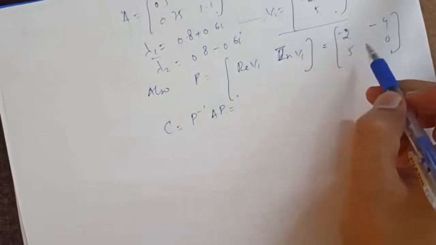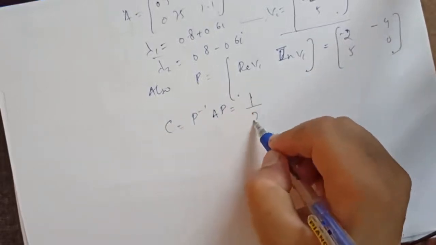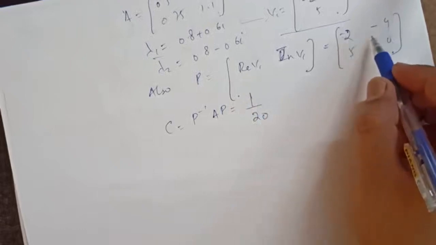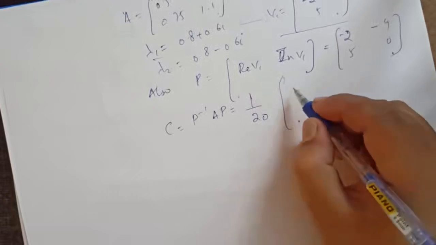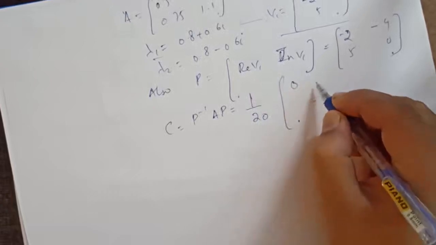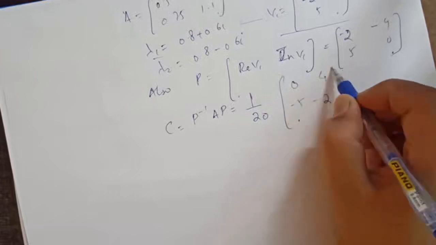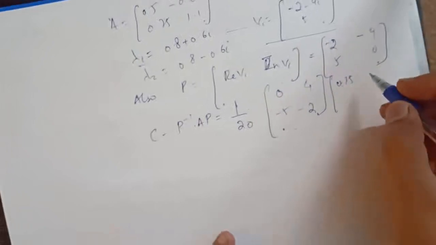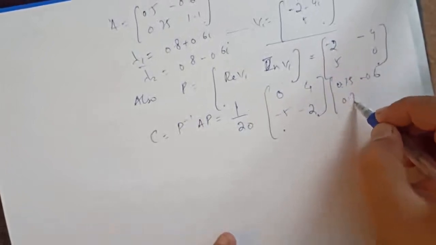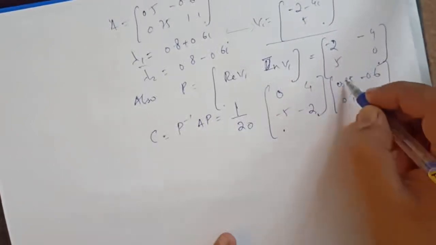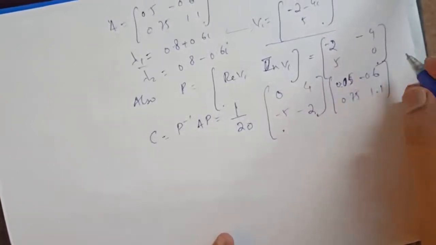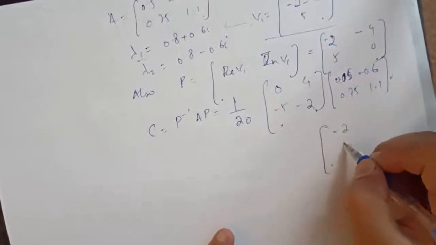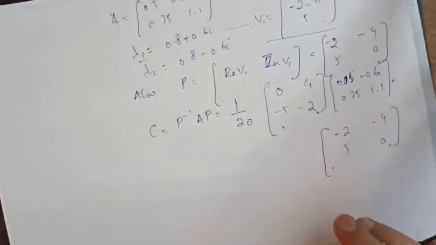So P inverse in this case will be 1 over 20 times the matrix where you switch the positions and change the sign, which is [[0, 4], [-5, -2]], then you have A as [[-0.5, -0.6], [0.75, 1.1]], and again you have this P matrix being multiplied, that is [[-2, -4], [5, 0]].